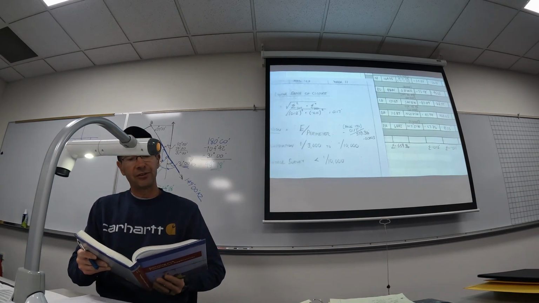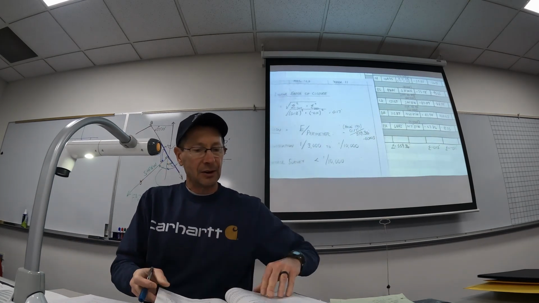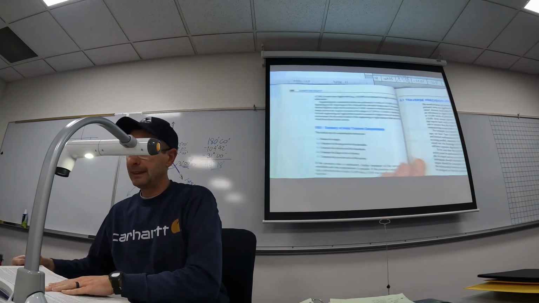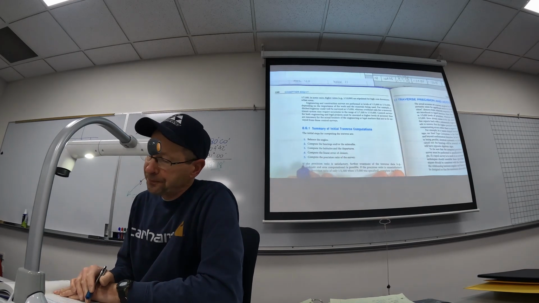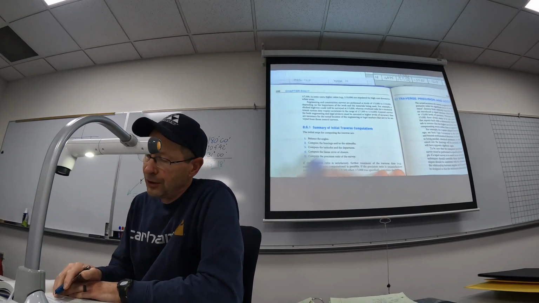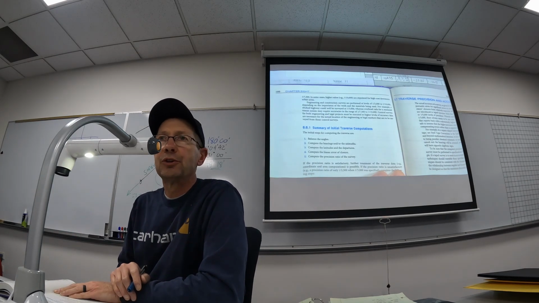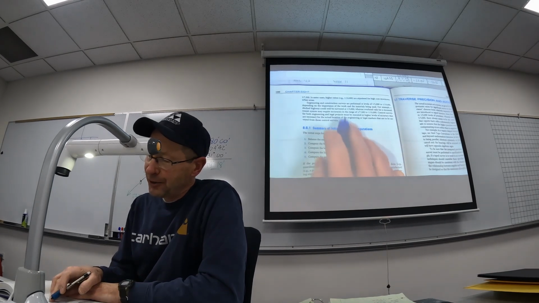I'm gonna show you guys this in the book. When we talk about surveys, let's look at this off of page 190. So 190 talks about how accurate, how precise could a survey be? How good should we be? And they've got 3 factors in here.